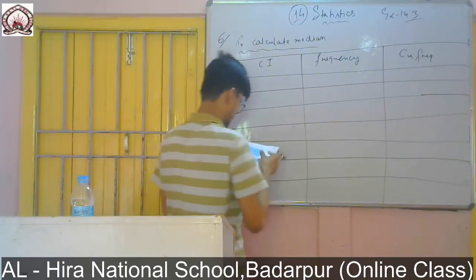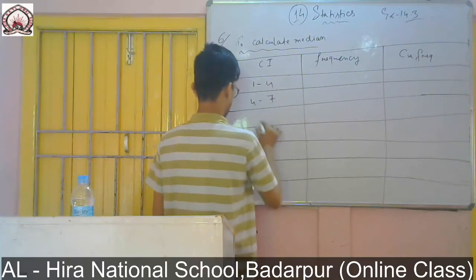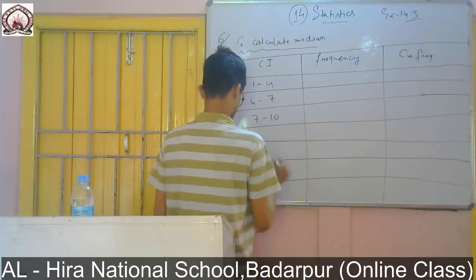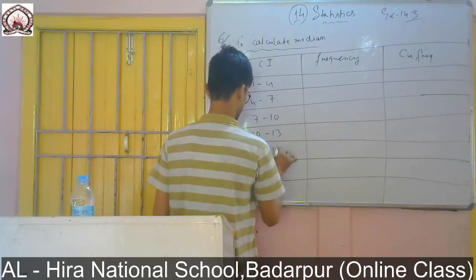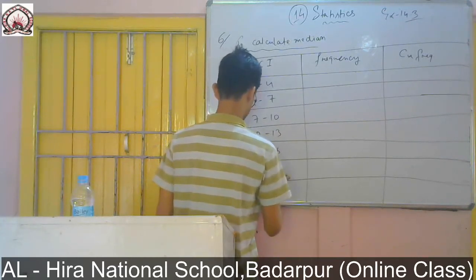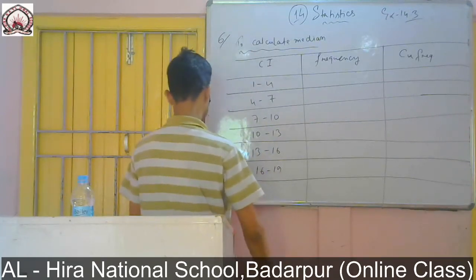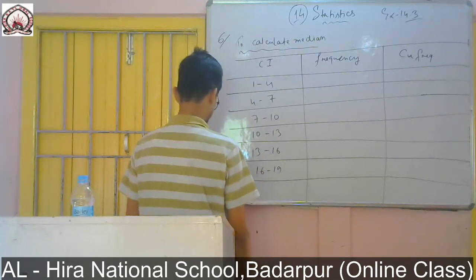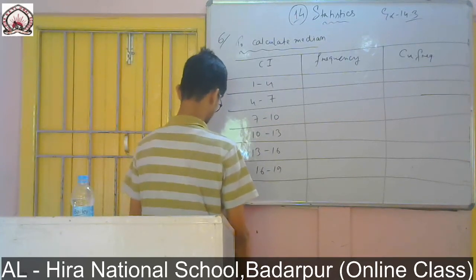So let me write it: 1 to 4, 4 to 7, then 7 to 10, then 10 to 13, then 13 to 16, then 16 to 19.